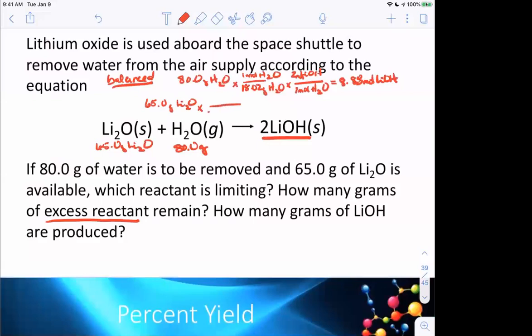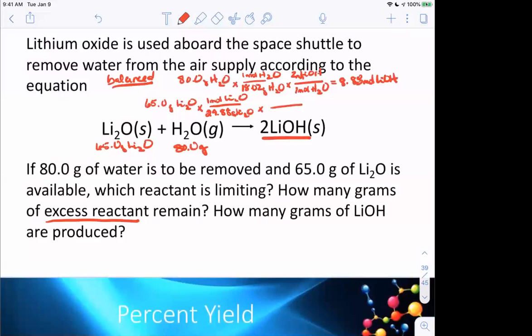For every 1 mole of Li2O, lithium is 6.941. So 6.941 times 2 plus 16 gives me the molar mass of Li2O. So I have 29.88 grams of Li2O.